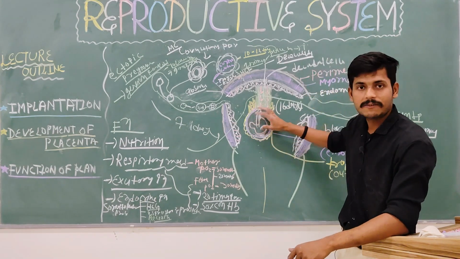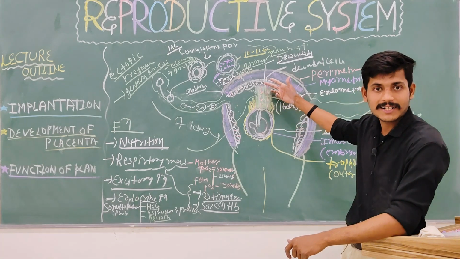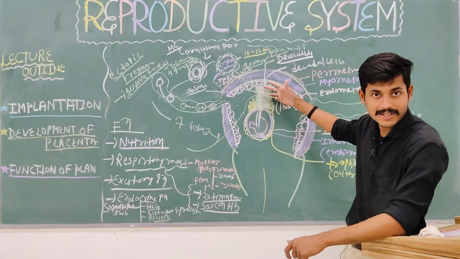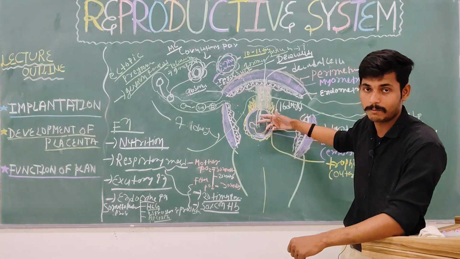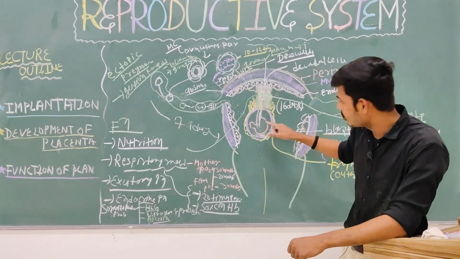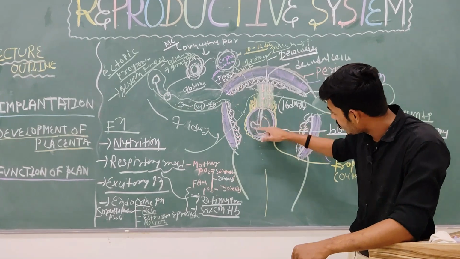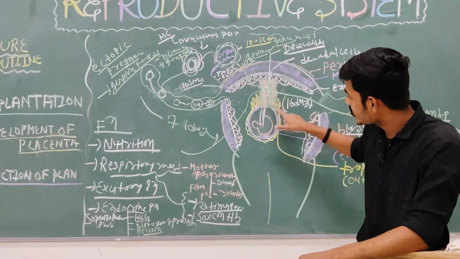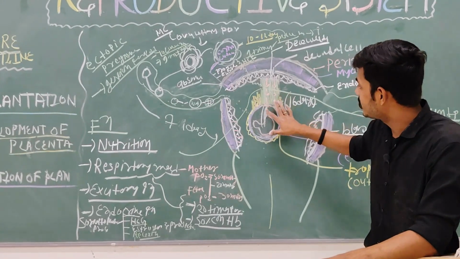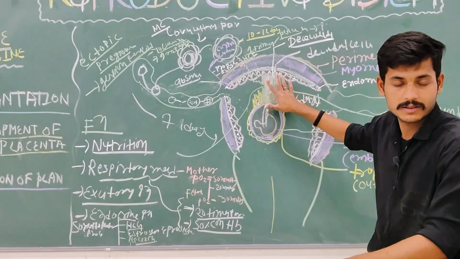Now the blastocyst differentiates into two layers: the outer layer is the trophoblast, and the inner layer is the inner cell mass, also called the embryoblast. From the inner cell mass there will be development of the embryo, and the outer cell mass helps in the attachment.